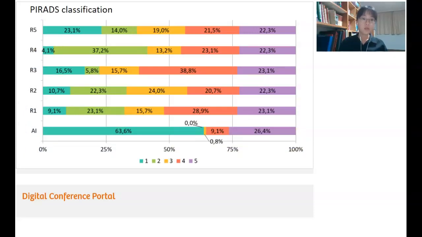The most noticeable difference between radiologists and AI is the proportion of PI-RADS 2 and 3. As prostate AI's purpose was not to detect PI-RADS 2 lesions, no PI-RADS 2 lesion is understandable. In AI, PI-RADS 3 lesions were detected only in 0.8% of patients.